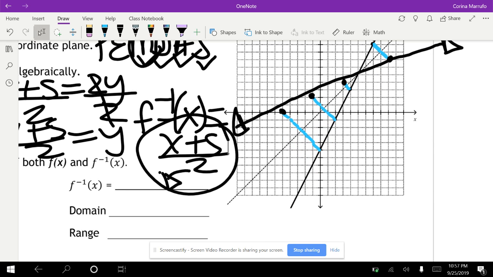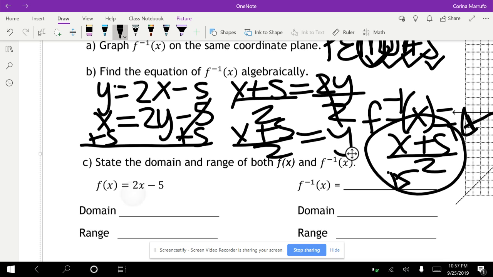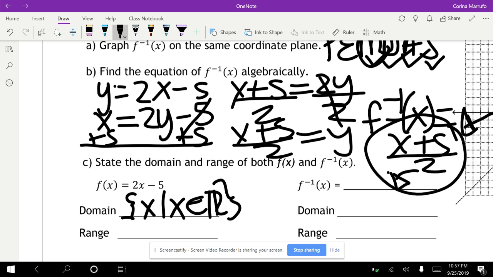All right, so our domain and our range. Because these are lines, they will go on forever and ever in both directions. So for our domain, it is going to be x such that x is an element of the real numbers. Same with the range.